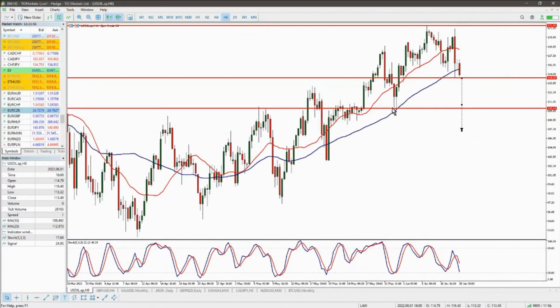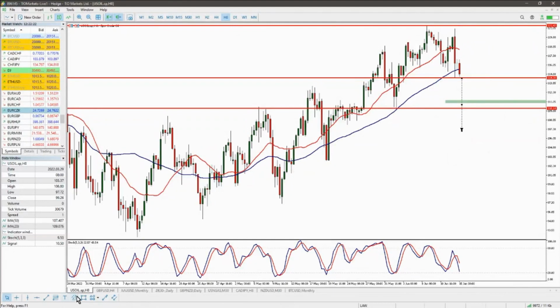But because we have the support here, I'd guess that maybe somewhere around 111 would be the first target. So I'm basically making a guess here that if we get a decisive break of 114.30, then maybe somewhere around 111 we have target 1.